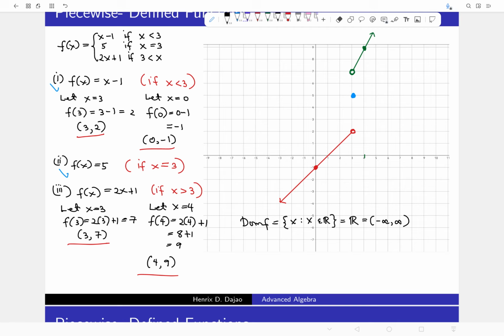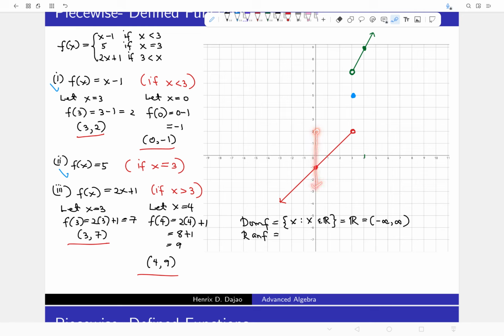How about the range? Okay, so the range of f is, observe, what are the possible values of f(x)? We collect all those and then we can form our range. So now for 7, not including 7 because it's hollow, meaning not including 7 but all those numbers greater than 7 only. 5, because it corresponds to this point, and those numbers not including 2, only those numbers that are less than 2.